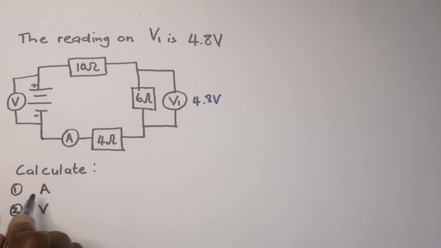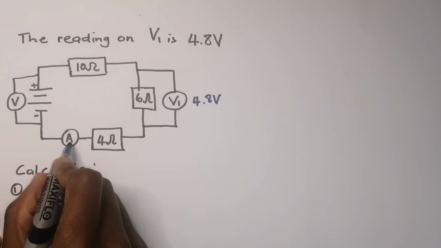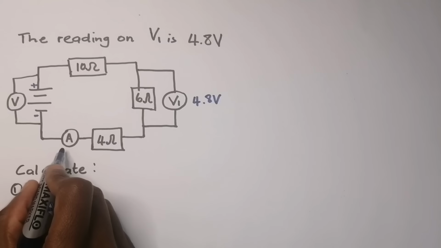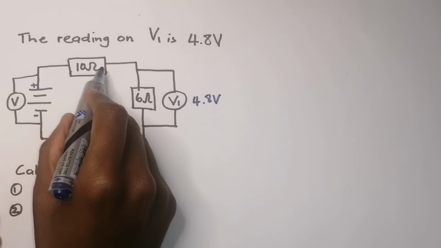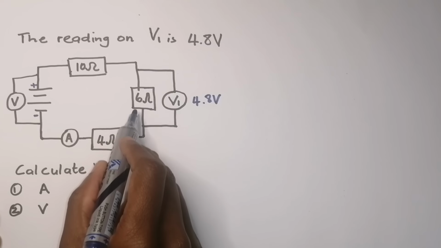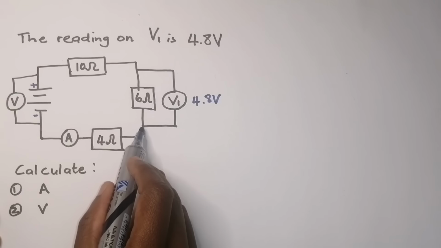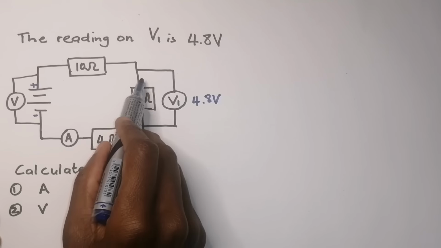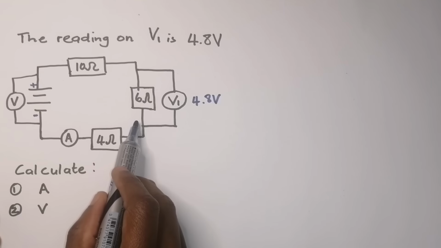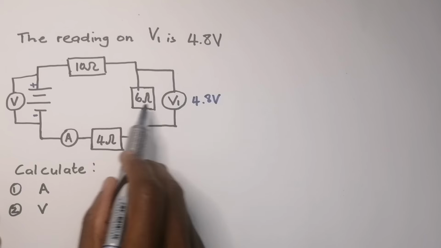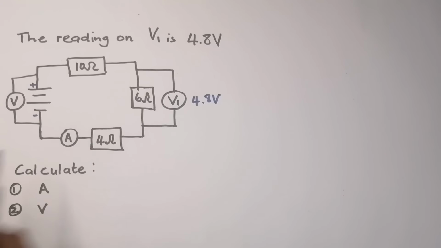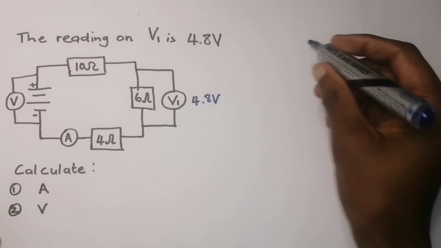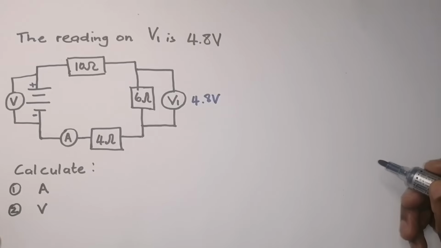Now they said to us, let's calculate the reading on A, meaning the total current there, right? So remember, I know that the total current passes across there, but the total current passes also across the 6 ohm resistor. So if I can find the current going across here, right, because I've got the most information there, so I therefore would know the current passing through the ammeter A, right?